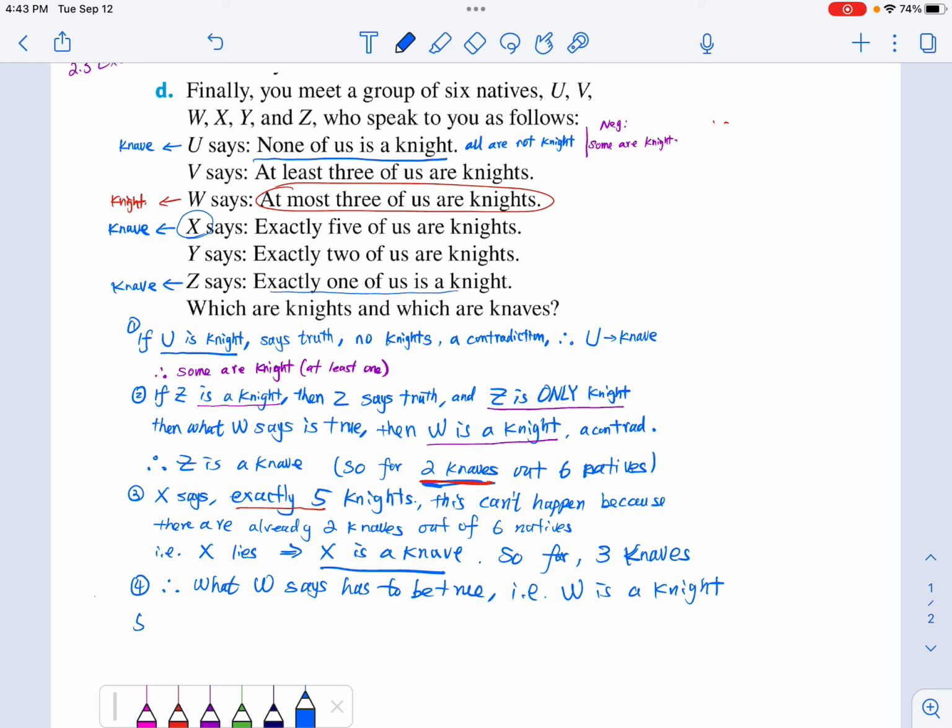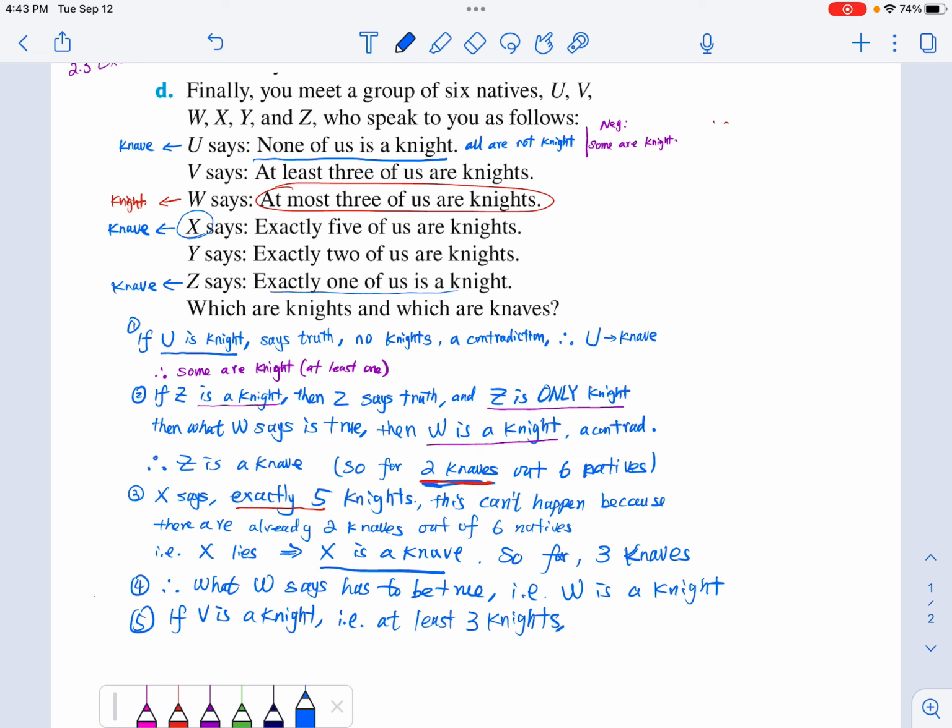I'm gonna call this my step 5. If V is a knight, that means at least 3 are knights, right? That means at least 3 knights, because a knight tells the truth.